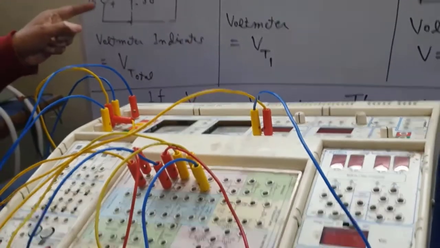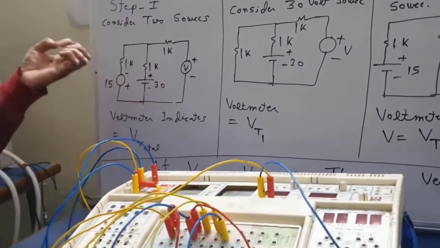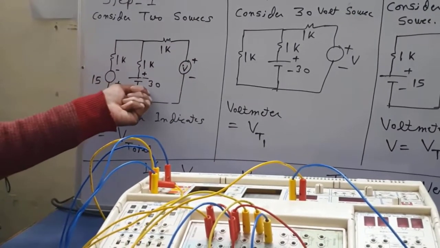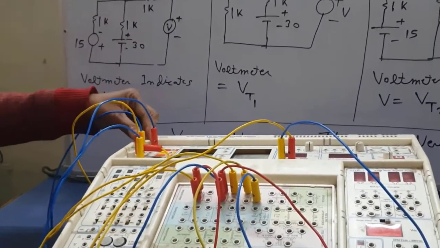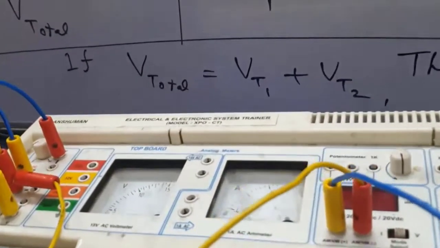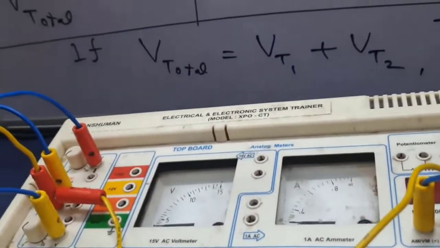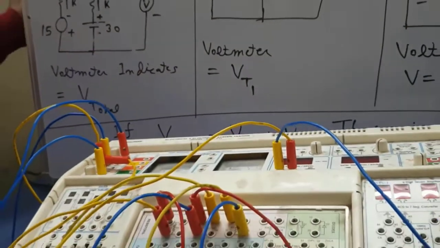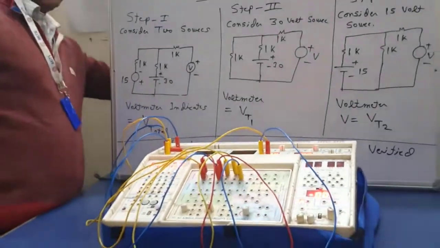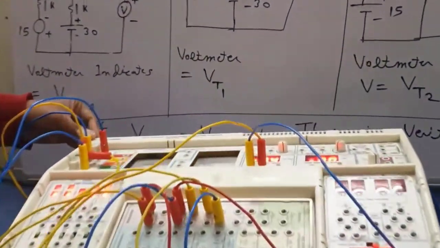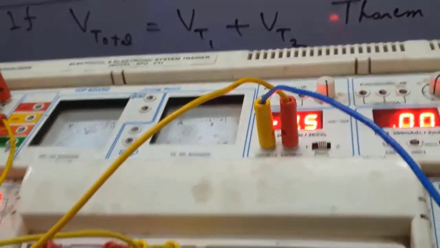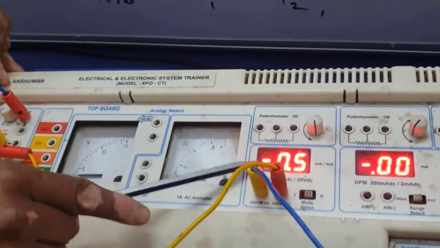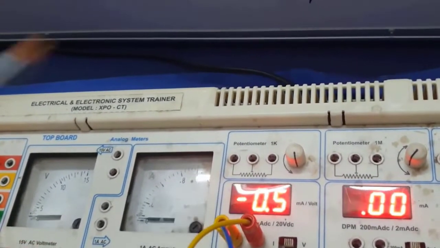At this position, we are using two sources, and we observe the voltmeter reading when both sources are present. Now supply on, and increase the voltage of the 15 volt and 30 volt sources. See that all the LEDs are blinking. This is the voltmeter. The minus reading means the polarity is reversed.